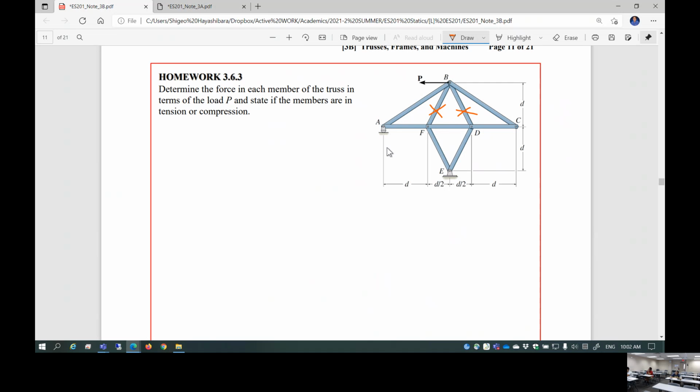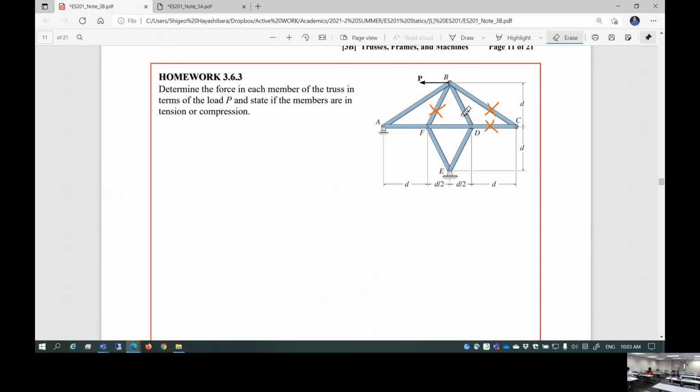What other conditions can you use to detect a zero force member? If a joint is made up of only 2 members and you are not applying a force or having a support there, that means C. Joint C is made up of 2 members. You are not applying a force here. You are not supporting here. That means this is a zero force member. Oh, what do you mean? Wait a minute, there's something wrong here. You need one of those.